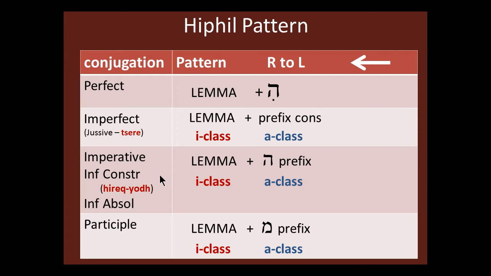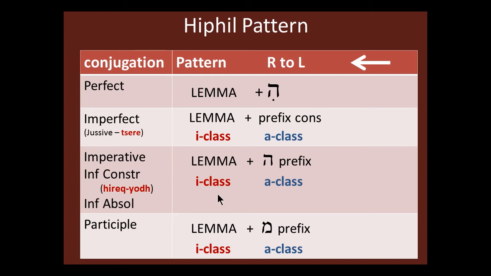For imperatives, infinitive constructs, and infinitive absolutes, you will have the he prefix again, but this time it will have A-class. So this is the way you tell a perfect in the Hifil from the imperative or any of the infinitives. You do have a he prefix in both cases, but the perfect will have I-class vowel, all the others will have A-class vowel, and then be followed by an I-class vowel with the lemma.